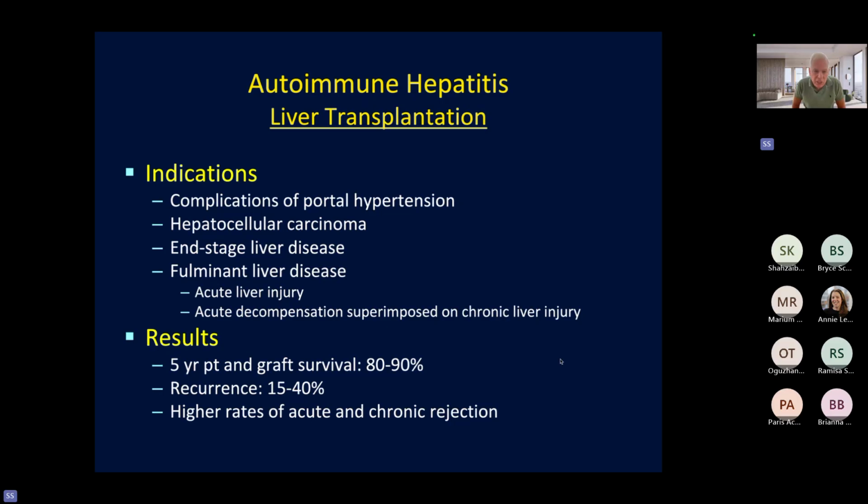What are the indications for liver transplantation? Obviously, patients who develop complications of portal hypertension that can't be controlled, obviously carcinoma, end-stage liver disease, and then fulminant liver disease. And I know Dr. Rabinowitz and I have been involved in several patients who presented with fulminant liver disease secondary to AIH.